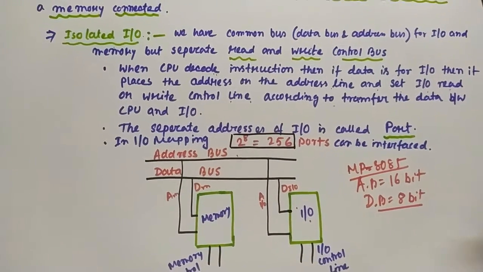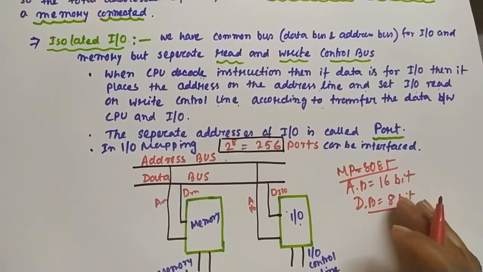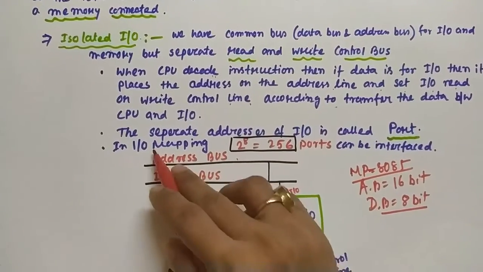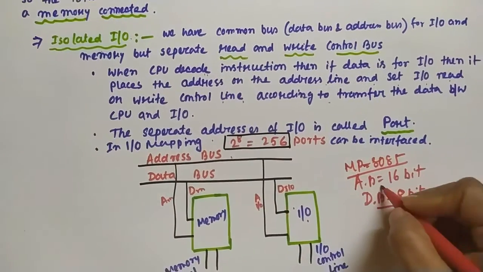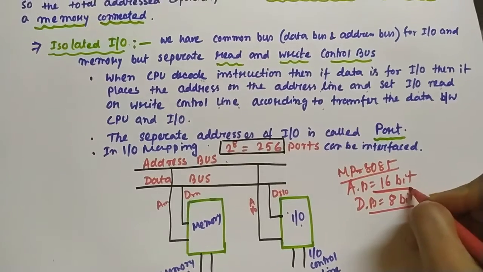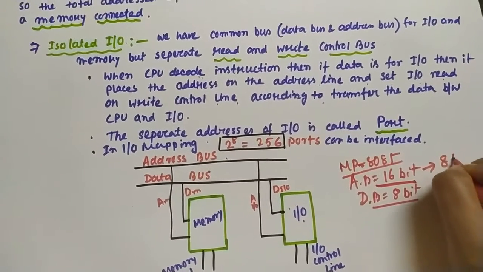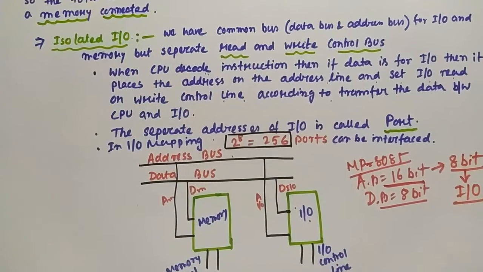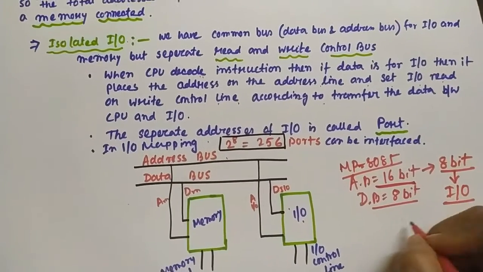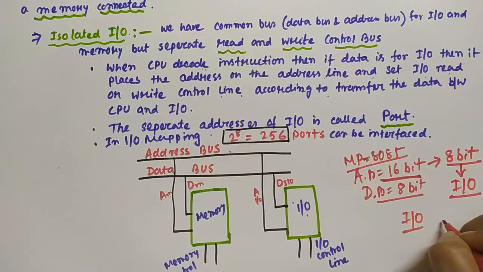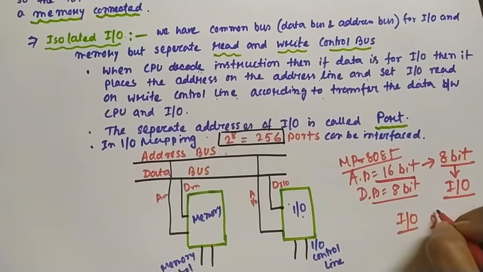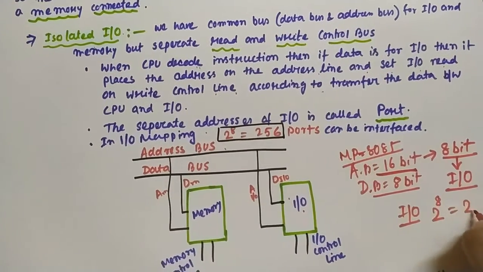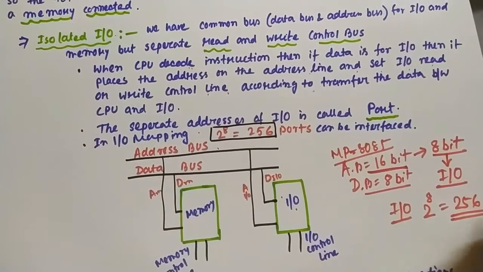This is very important in input-output mapping. From the 16 bits, only the 8-bit address bus is reserved for input-output mapping. So in input-output mapping, the capacity is 2 to the power 8, that means 256 ports can be interfaced.